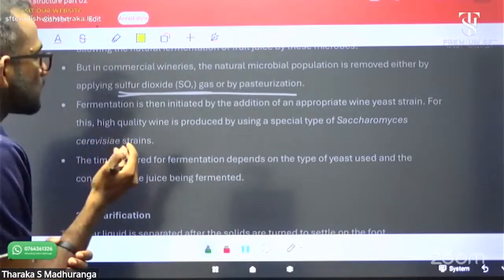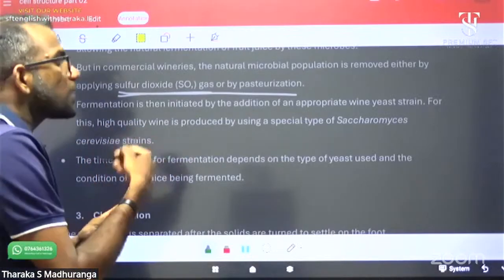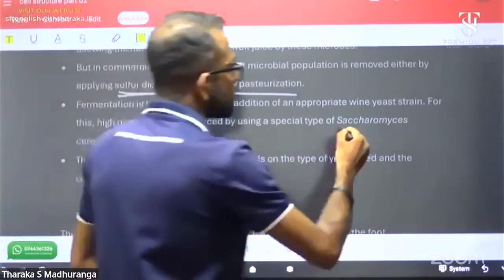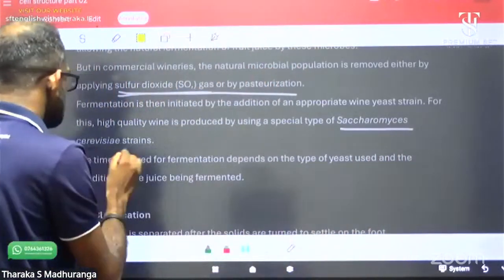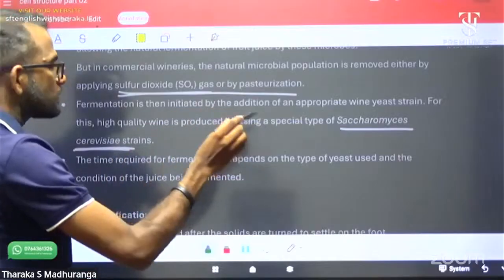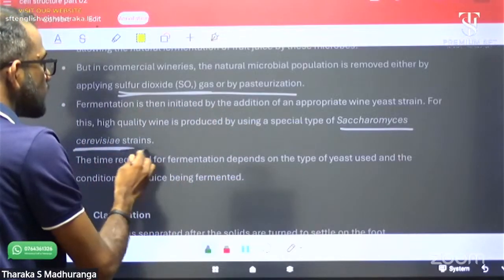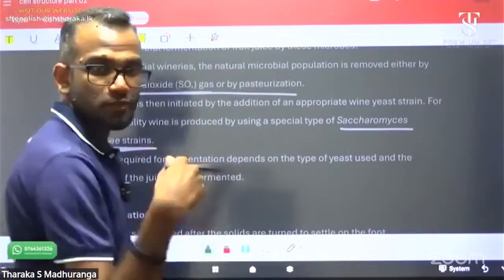After that, a specially cultured, high quality Saccharomyces strain. Sorry, Saccharomyces cerevisiae strain. Saccharomyces carlsbergensis is for beer production.